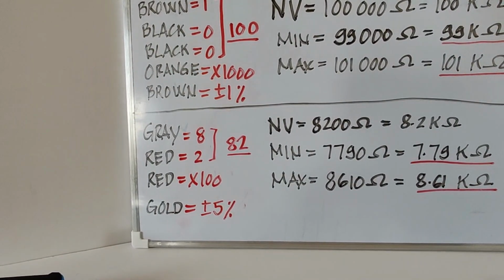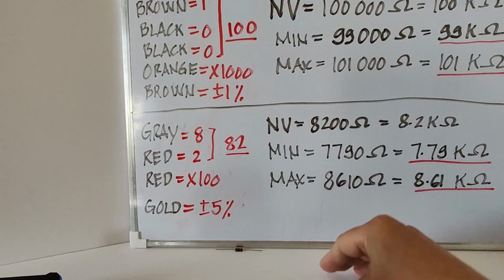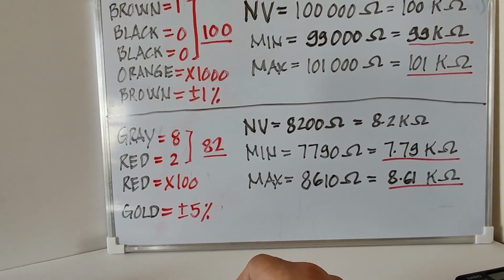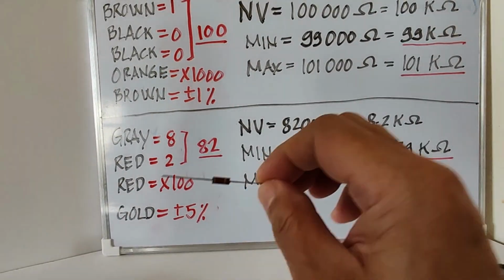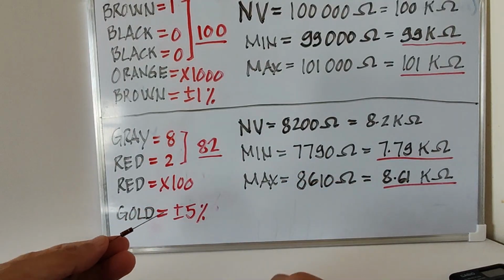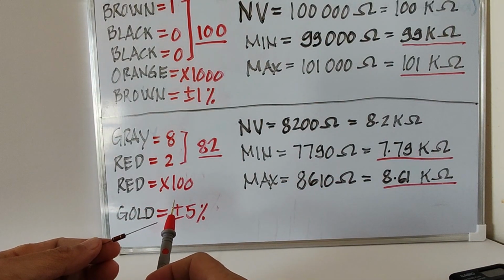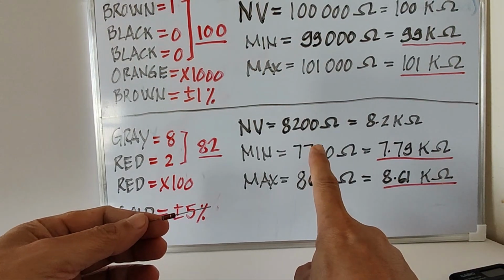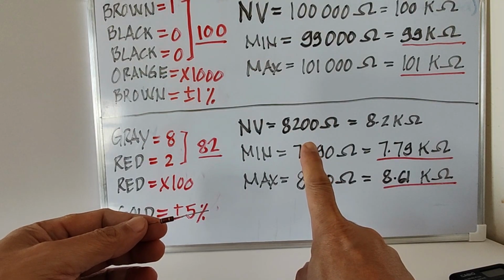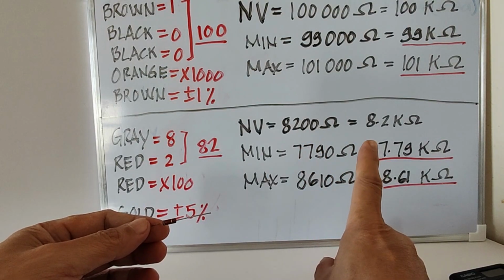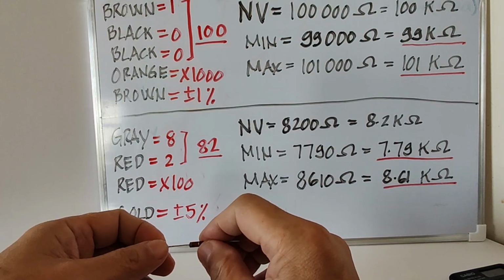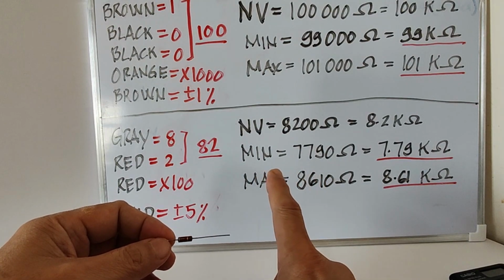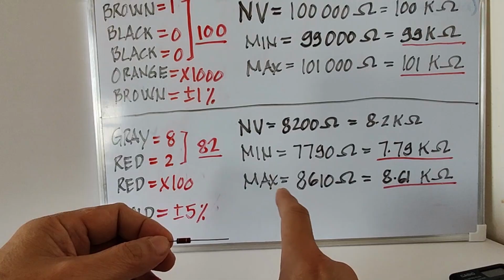Given that the first two colors are gray and red, we now have the first two digits of the nominal value. That will be 8 and 2, or 82. The third color is red, so we have the multiplier as red, 100. So we multiply 82 by 100, and we get the nominal value equal to 8,200 ohms, or 8.2 kiloohms. Now, using the formula discussed in the previous videos, we can compute the minimum and the maximum allowable measured value.